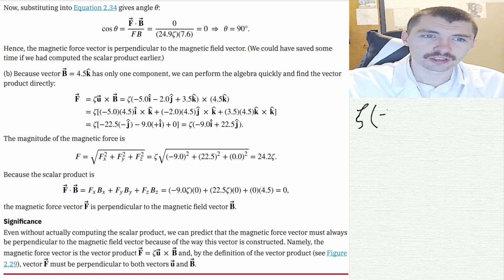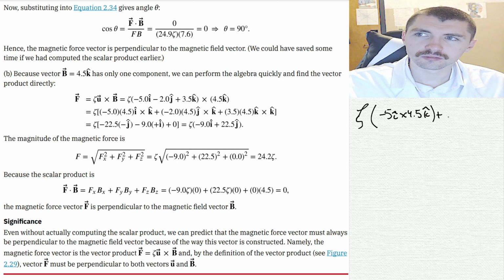So -5 i hat cross 4.5 k hat plus, is that what they're doing? Okay, and then the book seems to be doing -5 times 4.5.